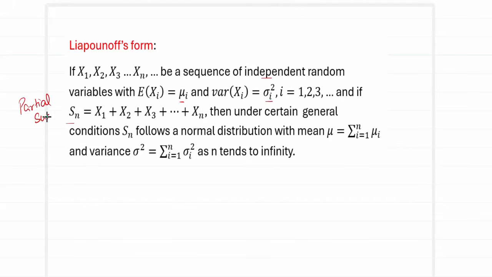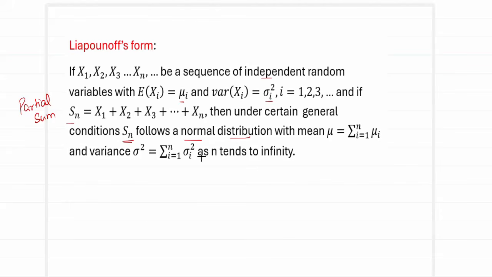When I sum the first n variables, x1 plus x2 plus x3 up to xn, then under certain general conditions, this partial sum Sn follows a normal distribution. So when the number of variables is big, Sn follows a normal distribution.